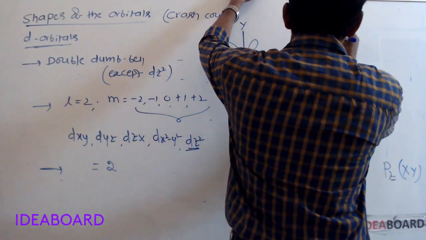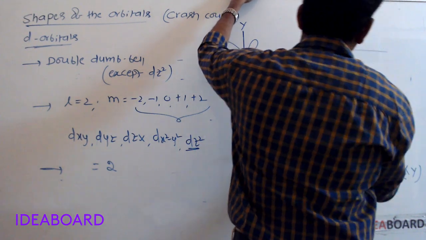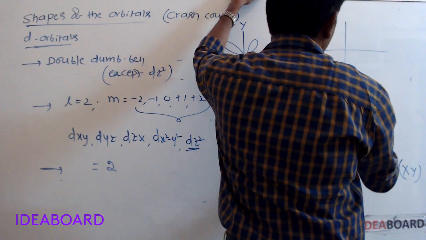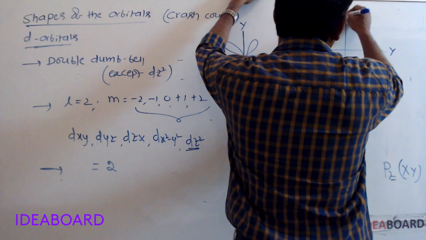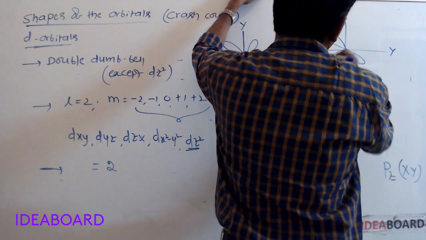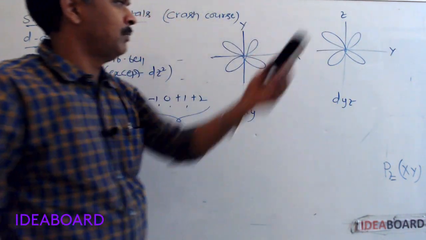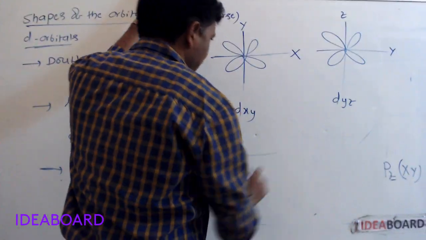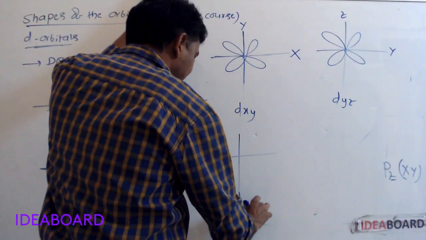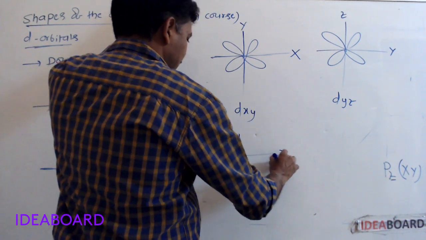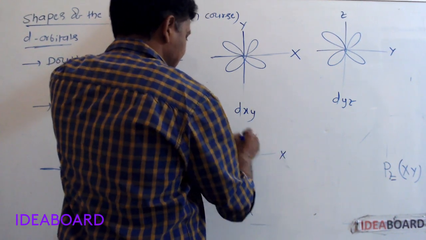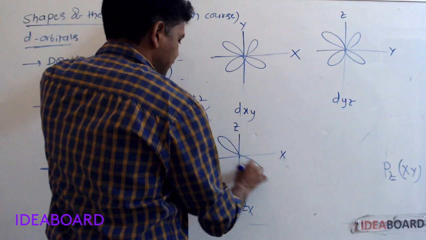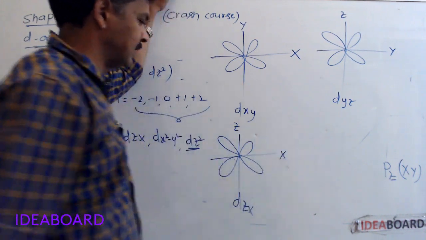For dyz, with the y axis and z axis, lobes are oriented between the axes. Even for dzx also, zx or xz, lobes are oriented between the axes.